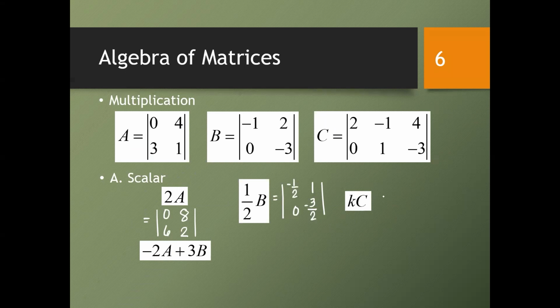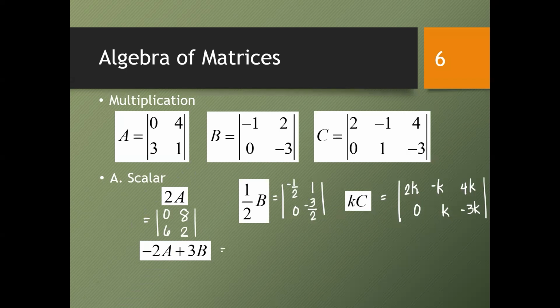So for letter C, multiply by letter K. It's just 2K, -K, 4K, 0, K, and -3K. And then sometimes you can add matrices with other operations so long as they have the same order pa rin, 'di ba?